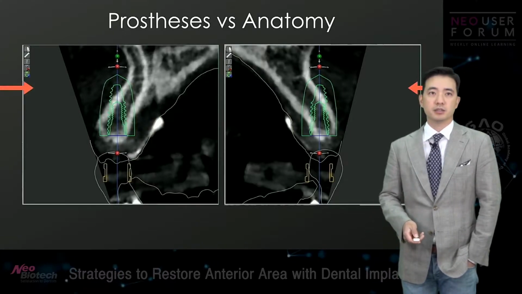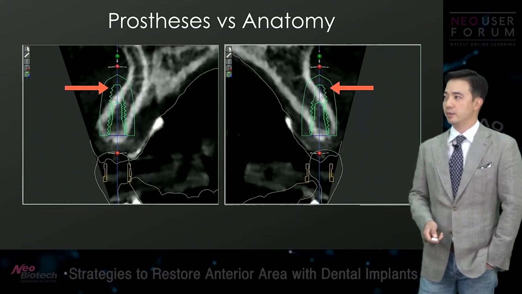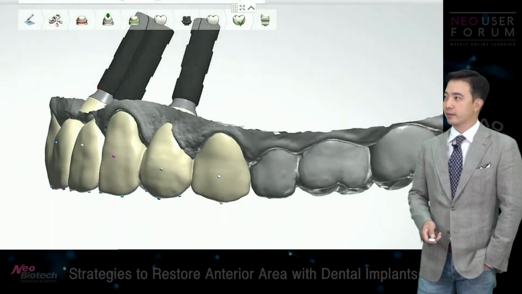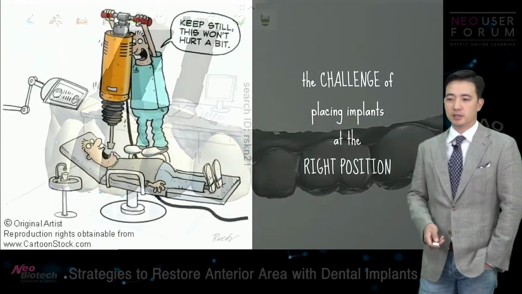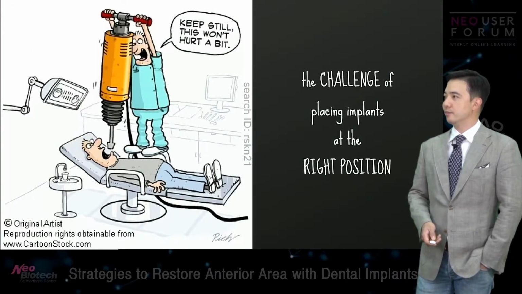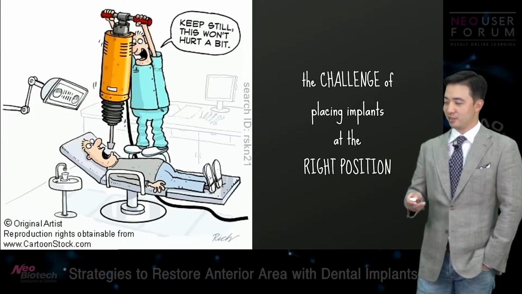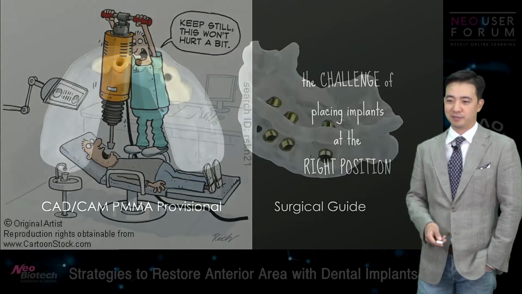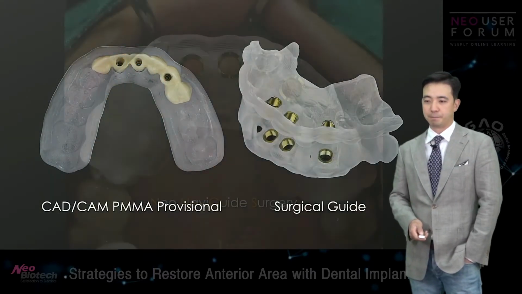So this is how I planned the implant position, and this is how I also planned the immediate restoration after implant placement. So yeah, this tells you how hard it is to place the implant in the right position. Just a little joke.